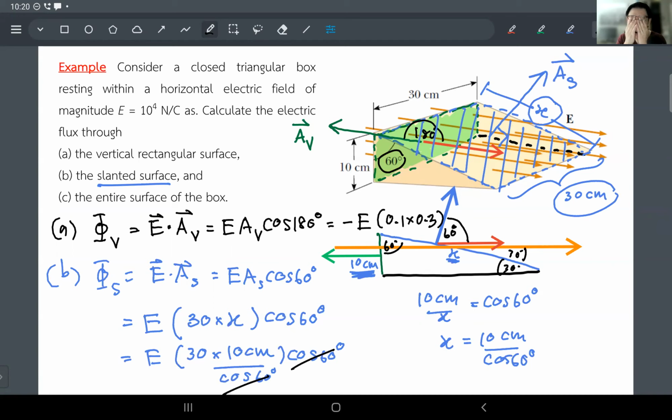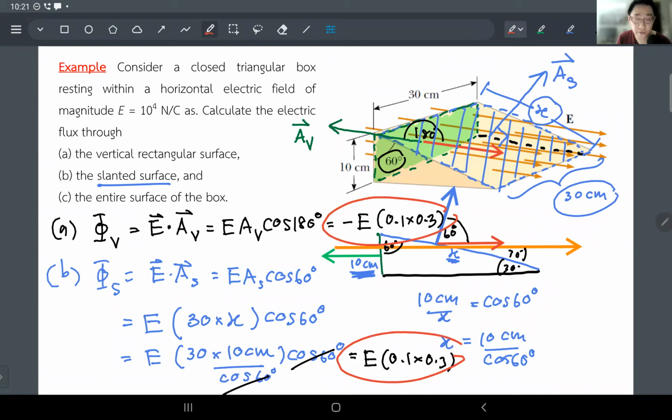You see my point here? At the end, the electric flux through the slanted surface is just E times 0.1 times 0.3. And that's it. Which, of course, eventually is going to cancel with the value that you got from the vertical flux. And you eventually get net zero flux.